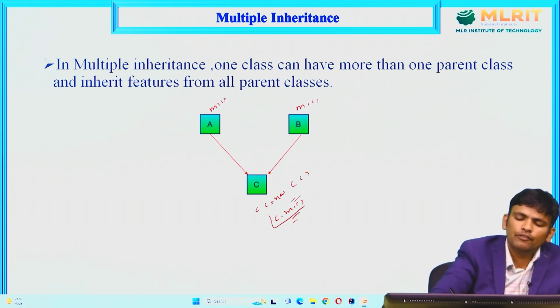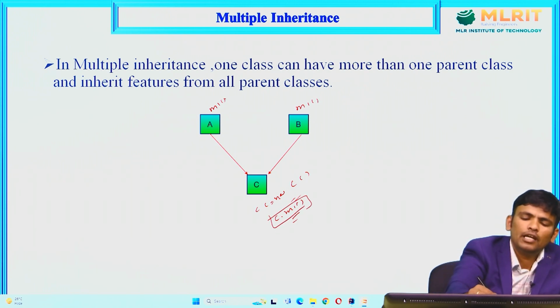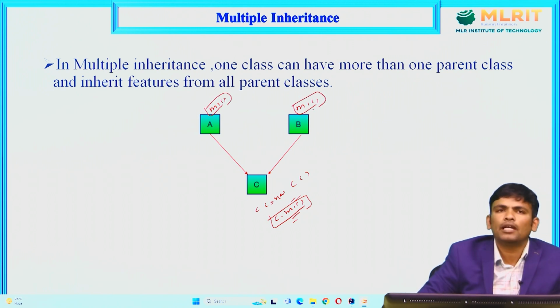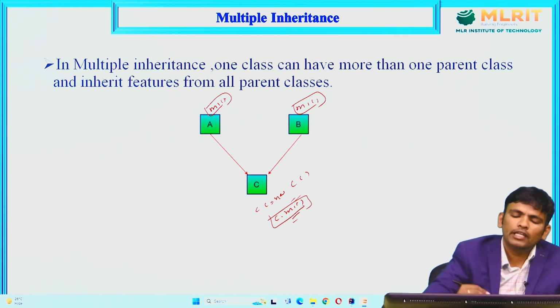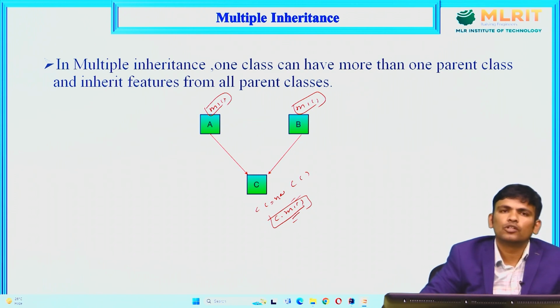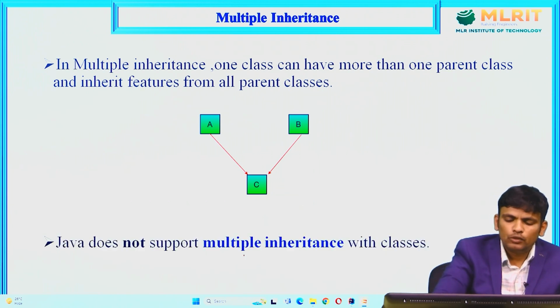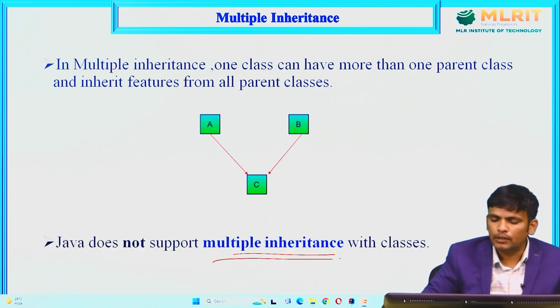Which M1 method should be called here? A class has the M1 method, and exactly the same M1 method is available in the B class. So if you call the M1 method, which one has to be executed? Here it leads to an ambiguity problem. So with Java classes, multiple inheritance is not possible. Java doesn't support the multiple inheritance concept with respect to classes.